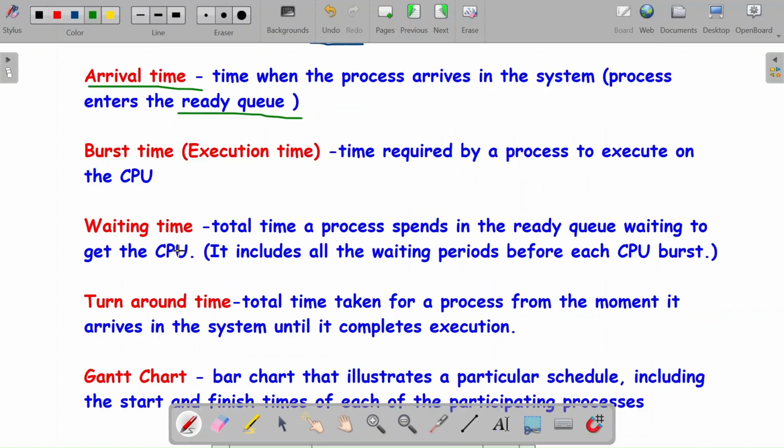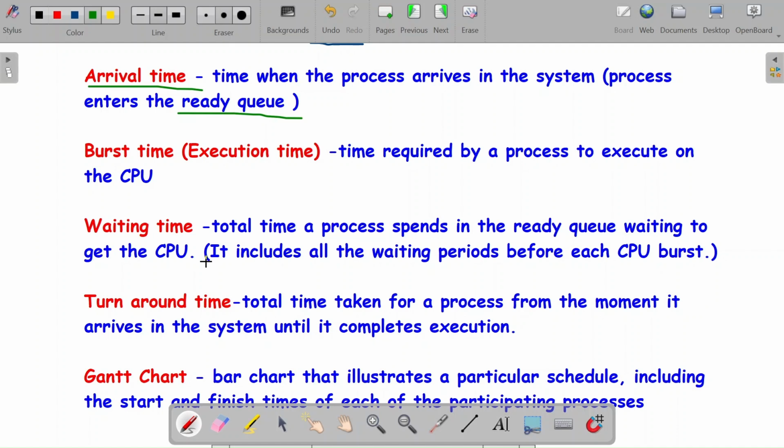Okay. And the next one is the waiting time. So the total time a process spends in a ready queue waiting to get the CPU. It includes all the waiting periods before each CPU burst. That means a process may move from running state to waiting state or running state to ready state when there is an interrupt or when there is an IO.